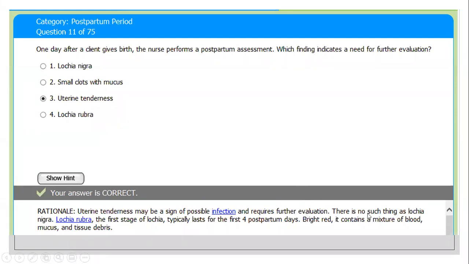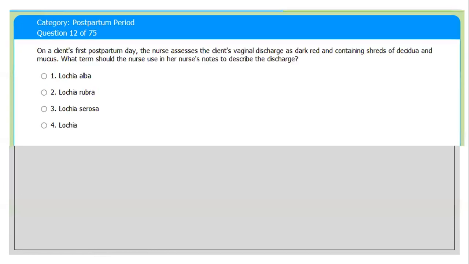There is no such thing as lochia nigra after the postpartum. Lochia rubra is the first stage of lochia, typically lasts for the first 4 postpartum days. Bright red, and it contains a mixture of blood, mucus, and tissue debris. That is not abnormal.